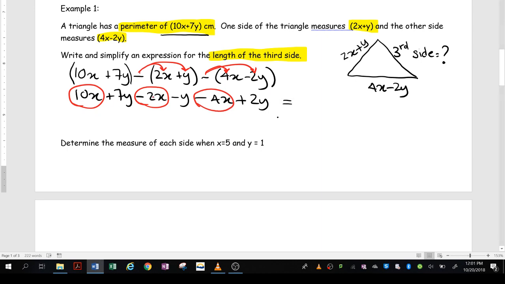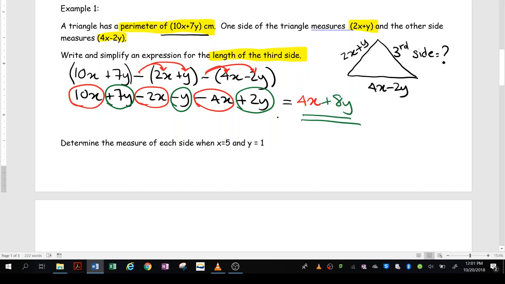So 10x minus 2x is 8x minus another 4x leaves us with 4x. And then we have a plus 7y minus y plus 2y. So plus 7y minus y is 6y, plus 2y leaves us with 8y. So this would be the third side of our triangle.